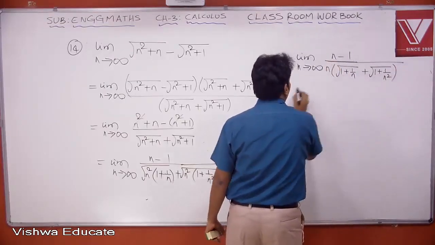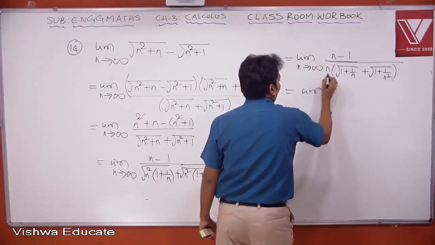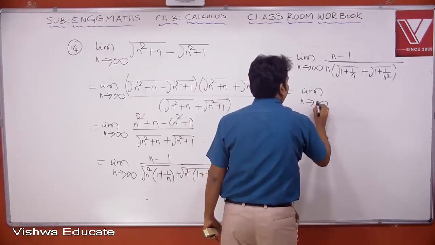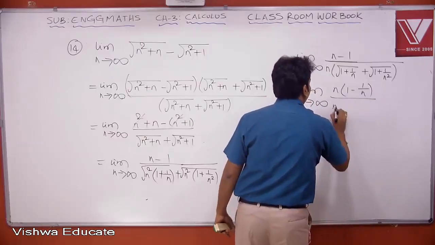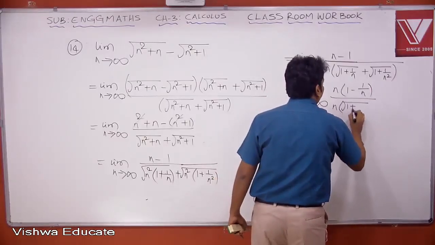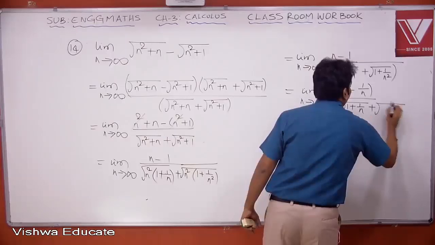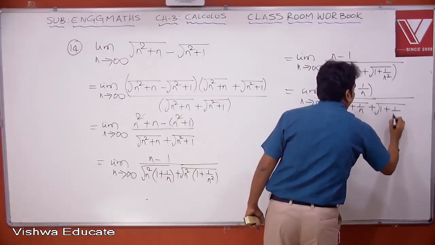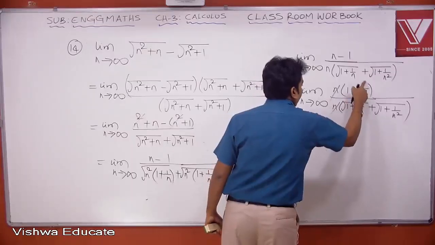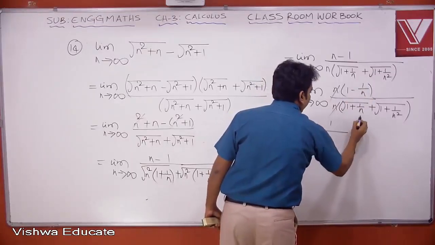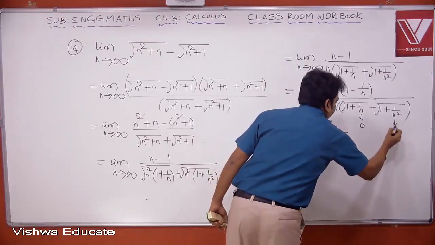Now here you can take n common and cancel out with the denominator n. So limit n tends to infinity, n into 1 minus 1 by n divided by n into square root of 1 plus 1 by n plus square root of 1 plus 1 by n square. Now this n gets cancelled, replace n by infinity, 1 by infinity is 0. 1 by this quantity will be 0 and this will be 0.